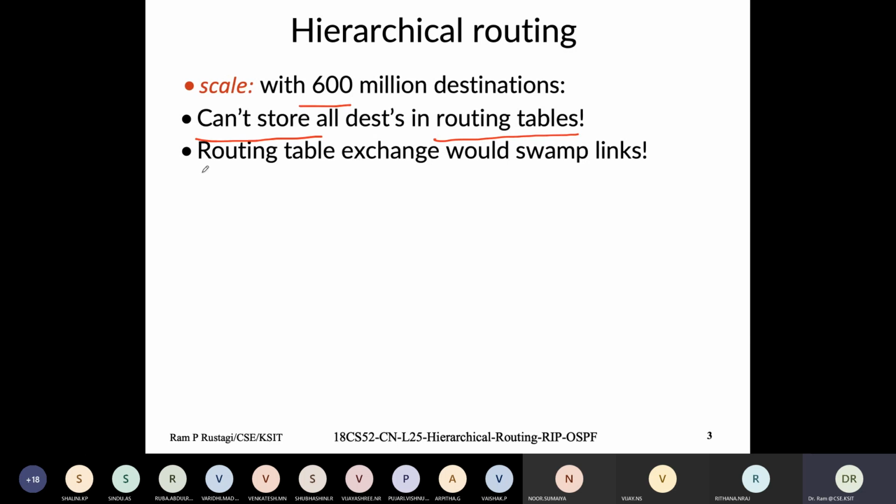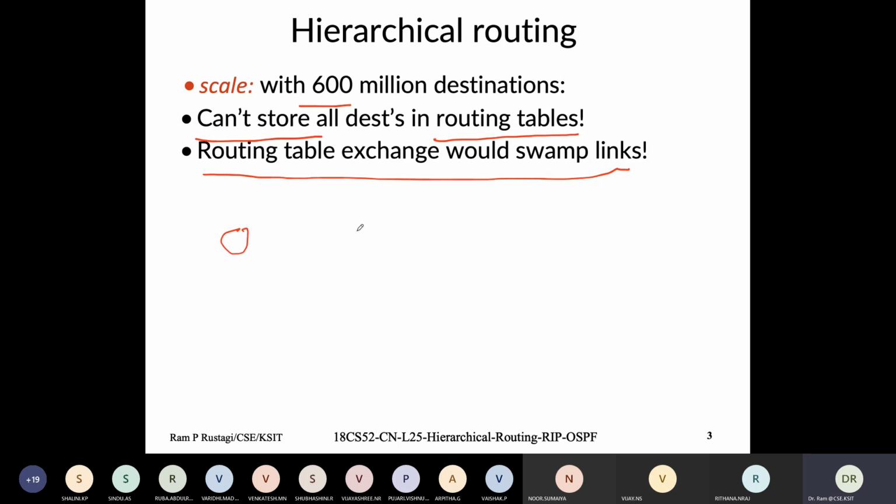Secondly, both link state routing and distance vector routing exchange routing packets. For link state, each link's information is communicated to all other routers. So if I have millions of routers in the network, link state information from each router would go to millions of routers.